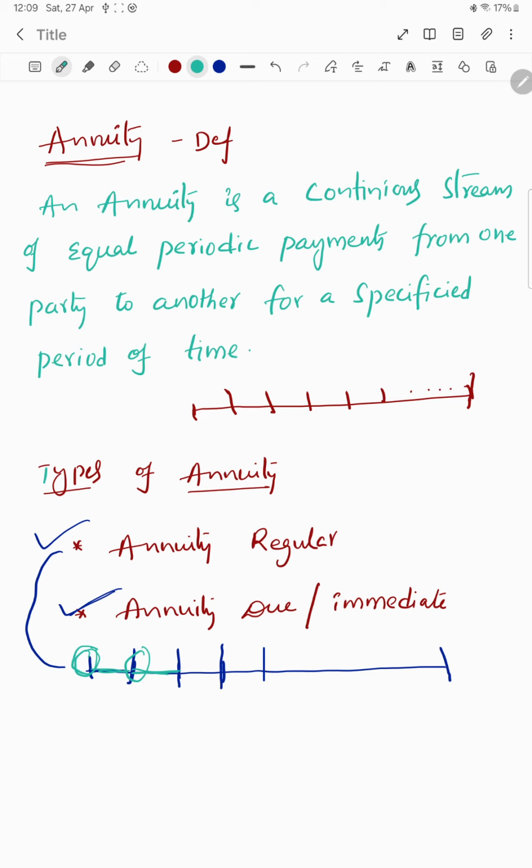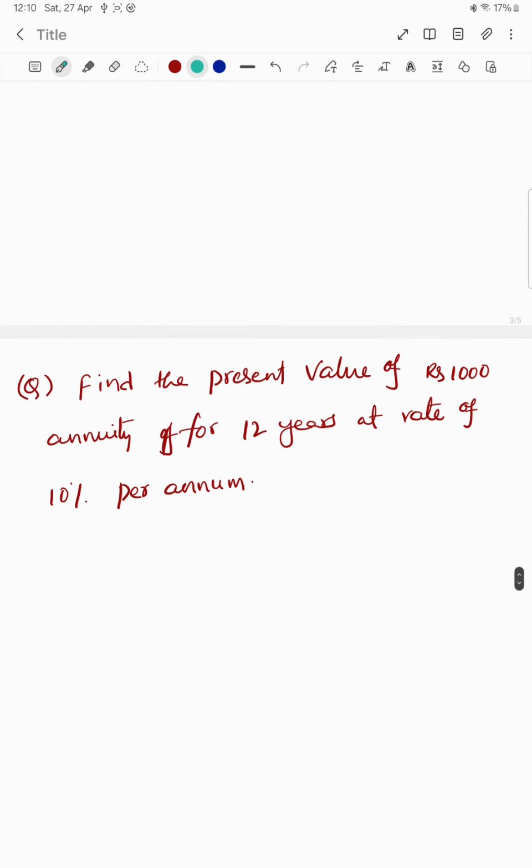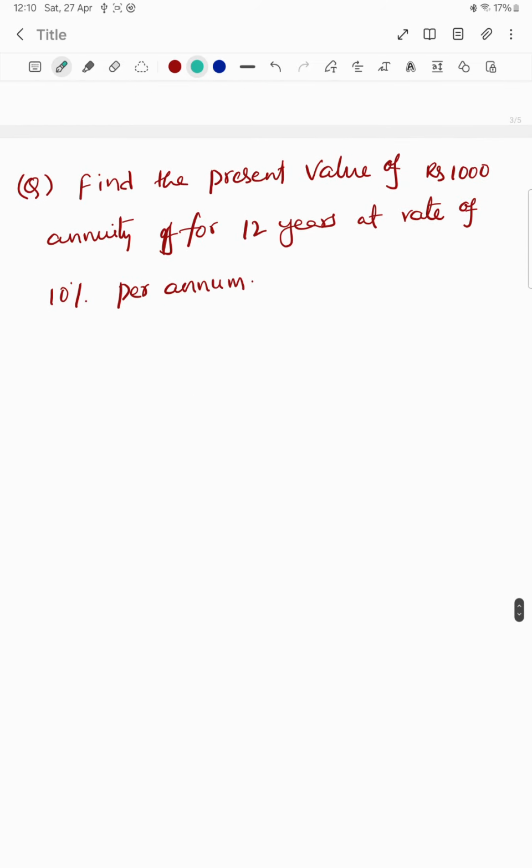If the person is paying money by the end of every month, we call it annuity regular. If the person is paying money on the first of every month, we call it annuity due or annuity immediate.